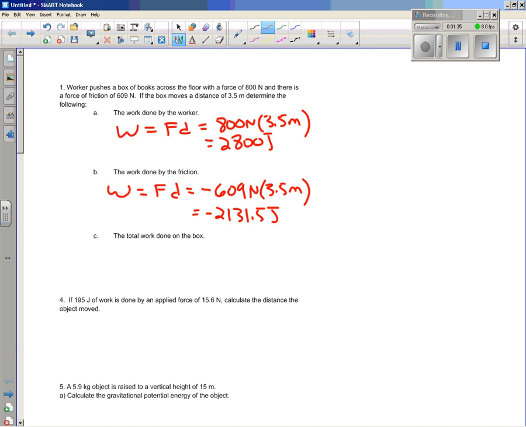Total work done is easy. You just add up the work done by the worker with the work done by friction. So it's going to be 2,800 joules minus 2131.5, and that gives me total work of 668.5 joules of work.